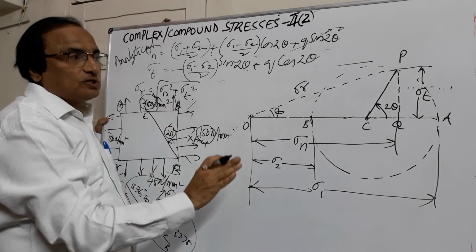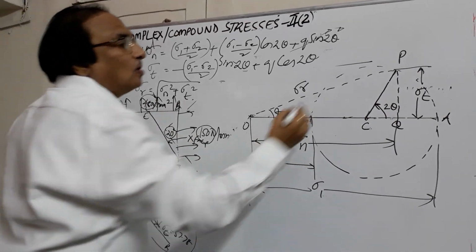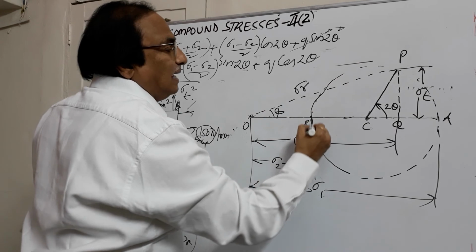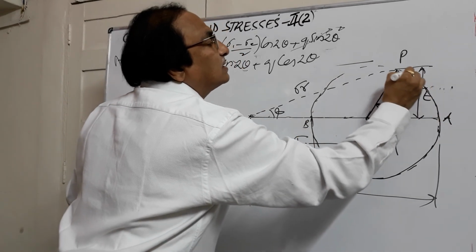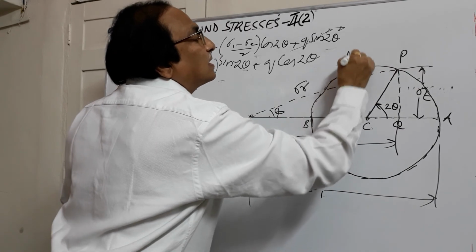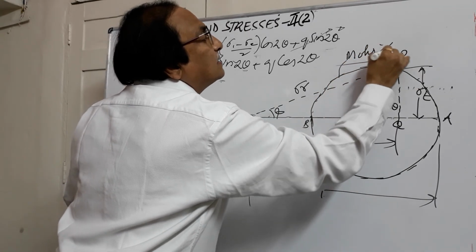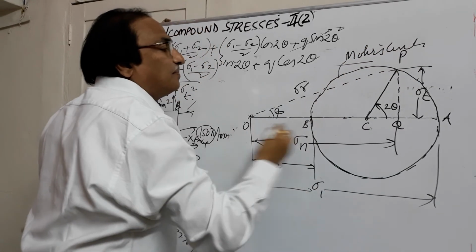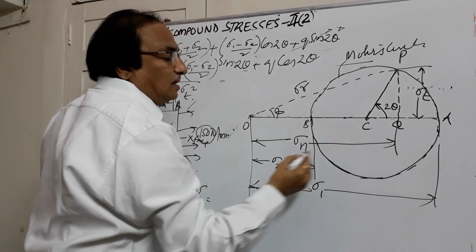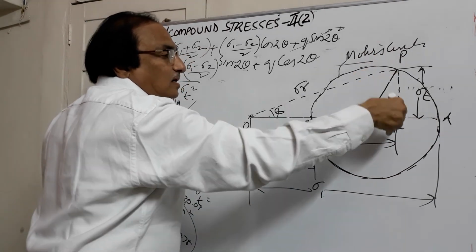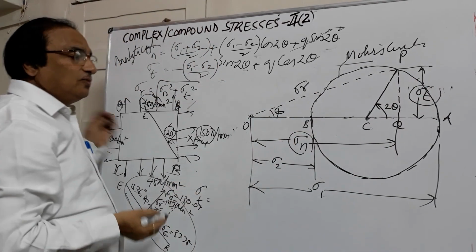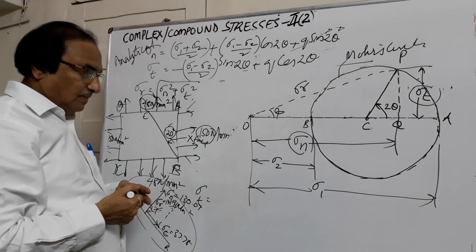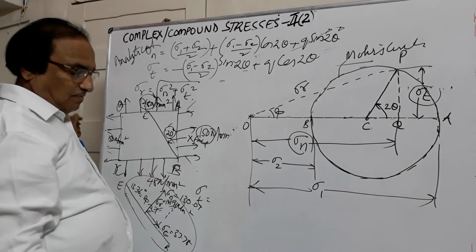Graphically, you choose some scale and try to draw the Mohr circle. This circle that we have drawn, we call the Mohr circle. In the Mohr circle, we represent normal stress along the abscissa, and the ordinate will be the tangential stresses. So graphically, you get directly the values of sigma n, sigma t and sigma r.